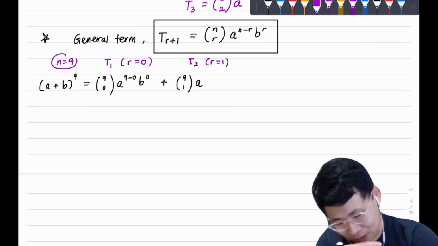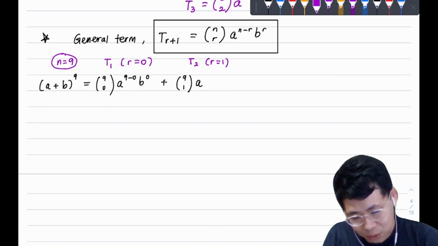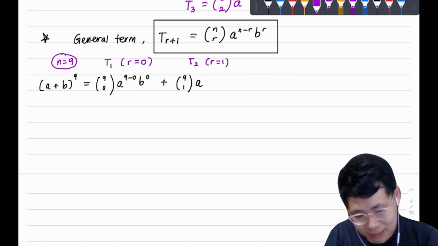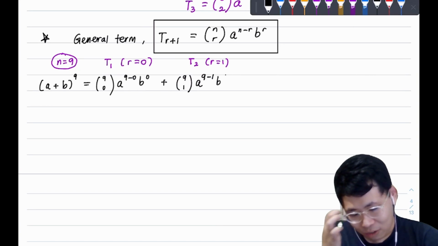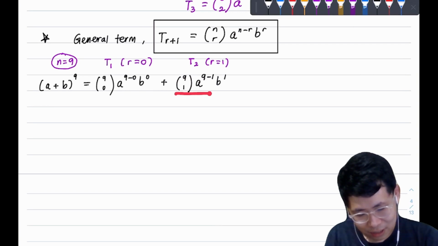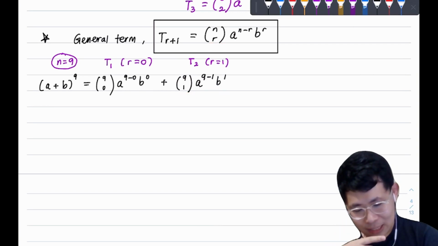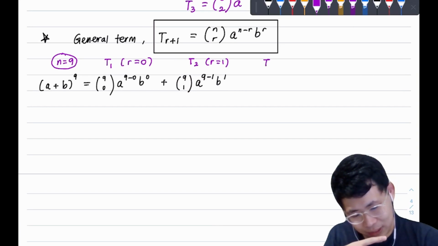This is the important one. n equals 9. So 9 choose 0, 9 choose 1 of a to the power of n minus r and b to the power of r. Do you see this? Can you match whatever we're doing over here? Okay, let's look at the third term. So T3 is where r is equal to 2.